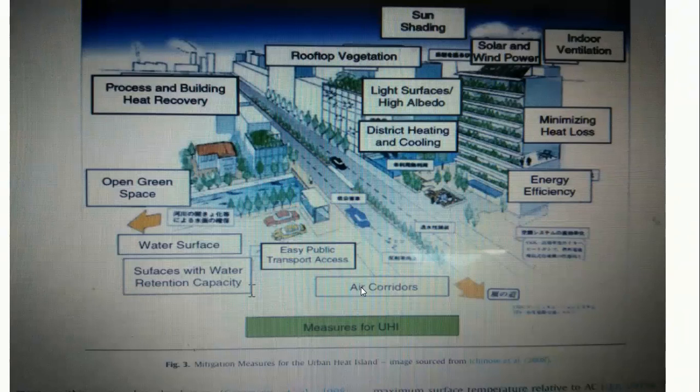Water bodies may have a shade, so that directly water cannot get heat, and the urban canyon is maintained, making the urban heat lesser and the environment greener.